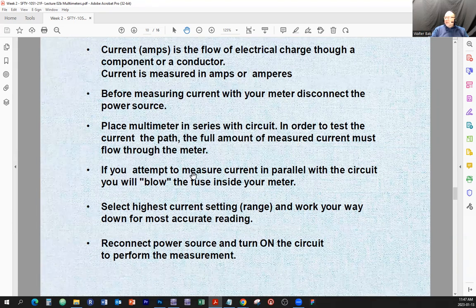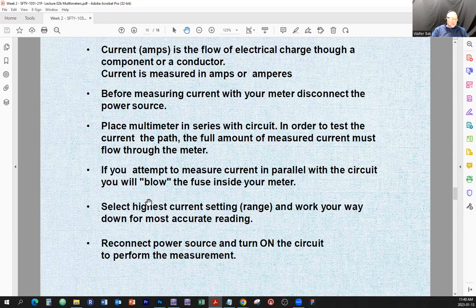If you attempt to measure current in parallel with the circuit, you will blow the fuse inside your meter. And we'll analyze that a little bit in a couple of slides. Select the highest current setting range and work your way down for the most accurate reading.